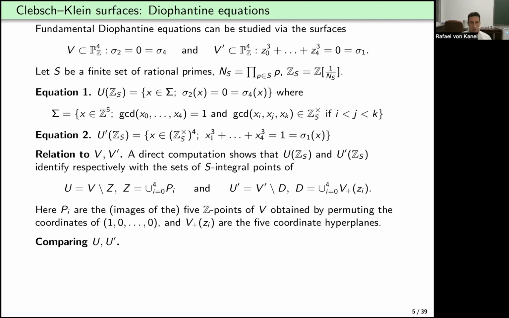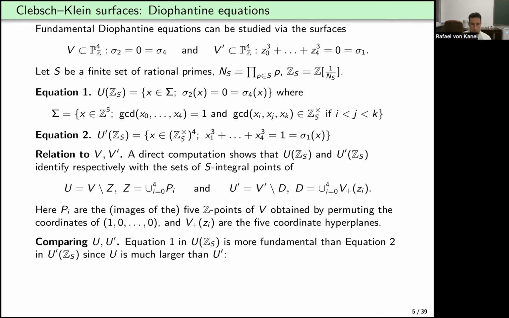Then we can compare U and U prime. For example, equation 1 is more fundamental than equation 2, since the variety U is much larger than U prime in the following sense. One can show that there exists an open immersion phi, which is defined over Z13.